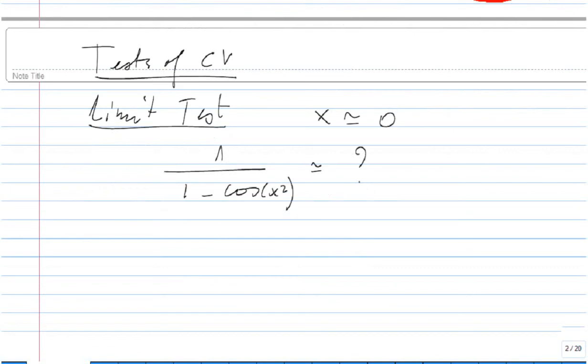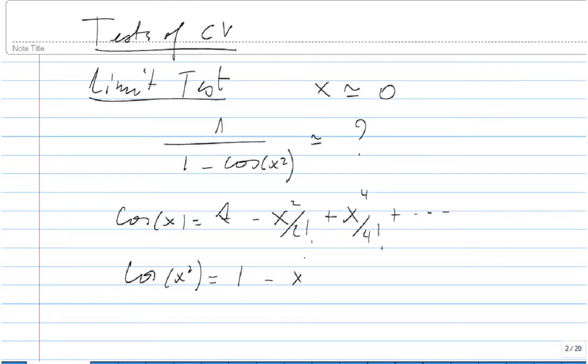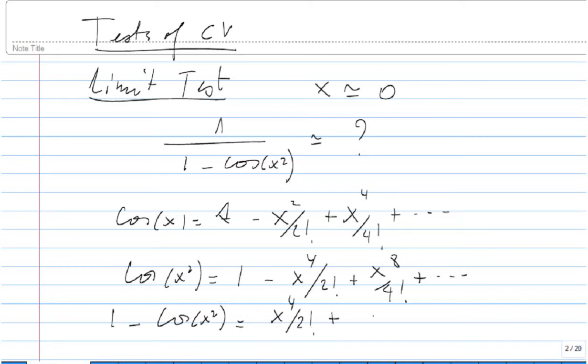First, cosine of x is 1 minus x squared over 2 factorial plus x to the 4 over 4 factorial, etc. So cosine of x squared would be 1 minus x to the 4 over 2 factorial plus x to the 8 over 4 factorial, etc. And 1 minus cosine of x squared is going to be 1 minus 1, which is 0, plus x to the 4 over 2 factorial, etc.